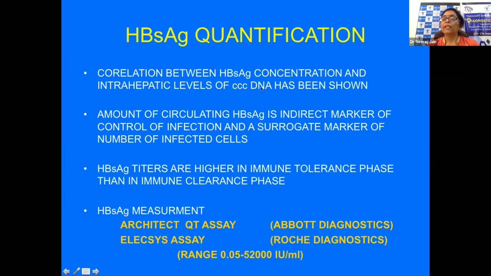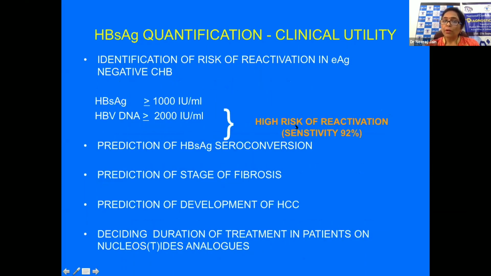If we want to say that this person has infected hepatocytes, we need to know about this cccDNA, which otherwise requires taking out a biopsy and extracting cccDNA from it, and measuring that is a very cumbersome job. Now it has been seen that circulating surface antigen concentration is an indirect marker of control of infection and is a surrogate marker to know the number of infected hepatocytes in HBV infection.